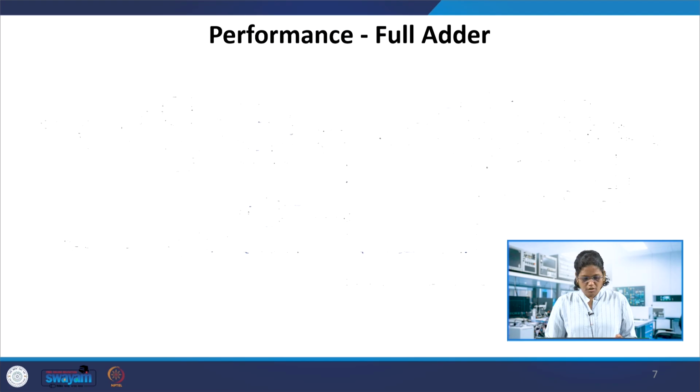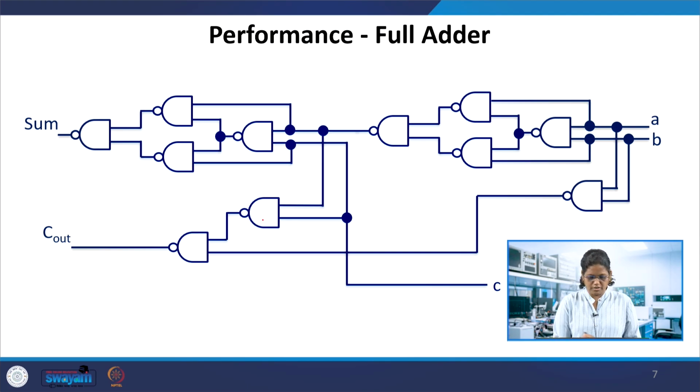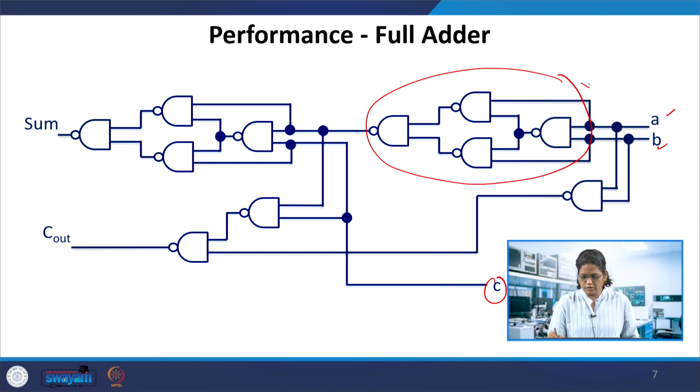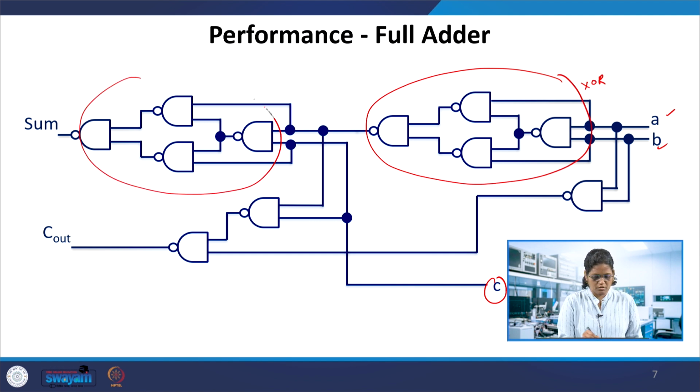Okay, so now if you replace this, it can be done this way. A and B are the inputs and C is the carry in. One XOR gate is changed over here, and this is another XOR operation.